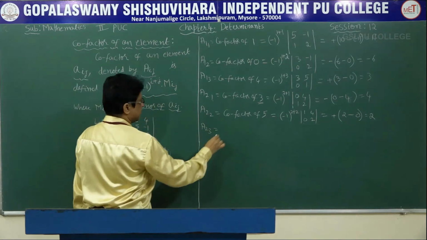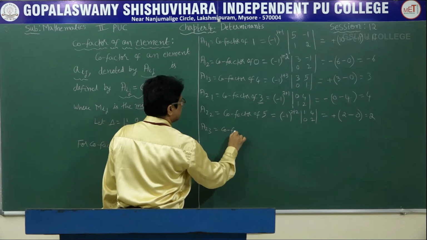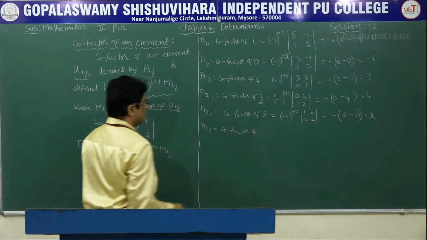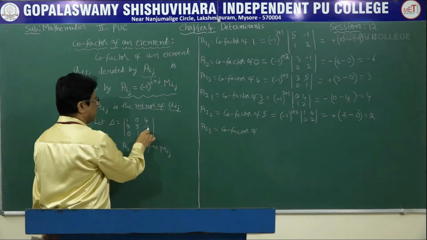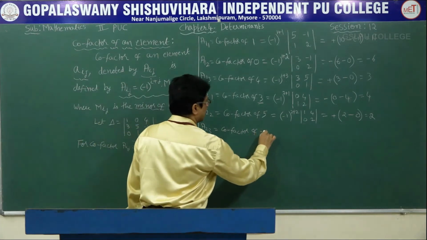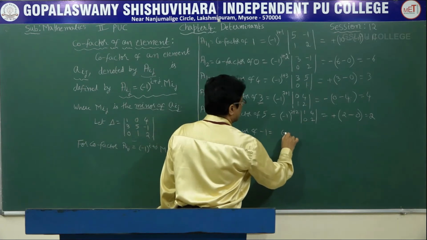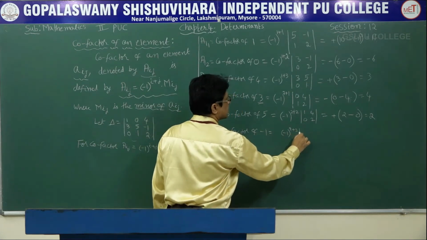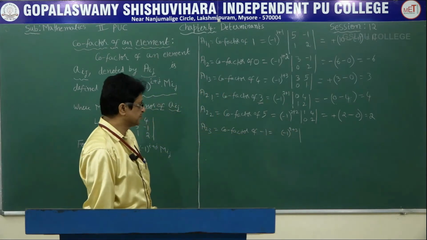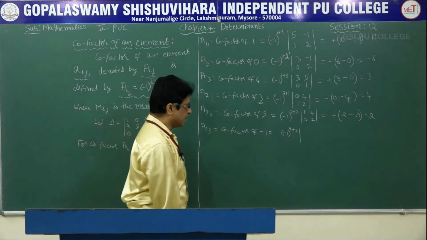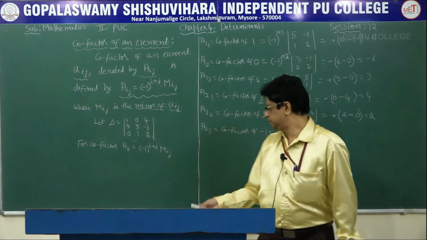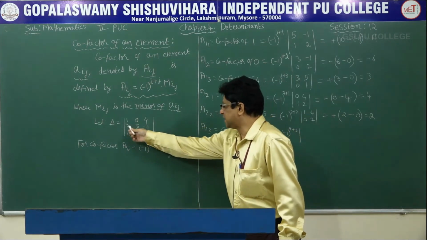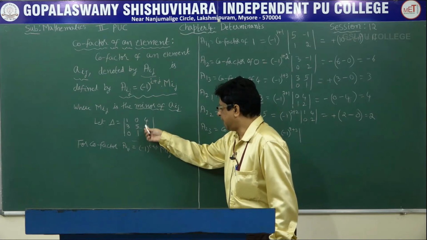Next is A23, which is equal to the cofactor of -1. That will be equal to (-1) to the power of 2 plus 3 into the determinant. Here -1 lies in the second row and third column.